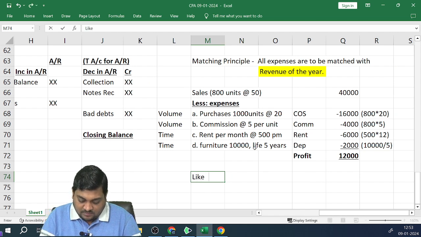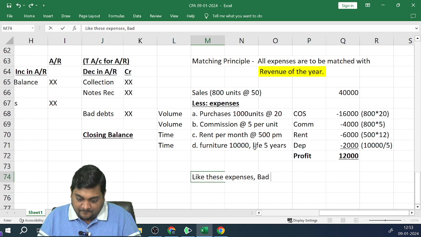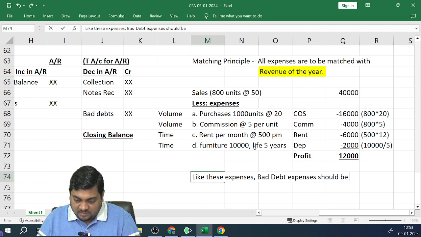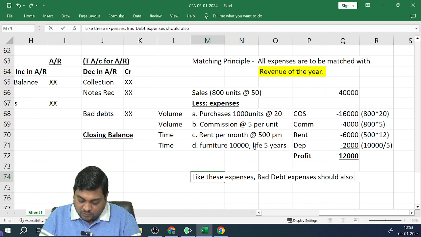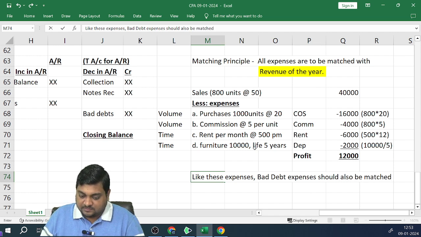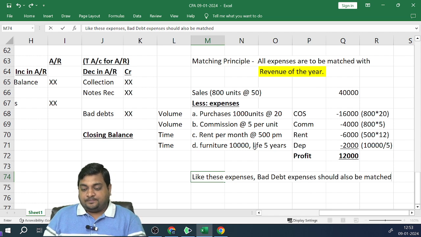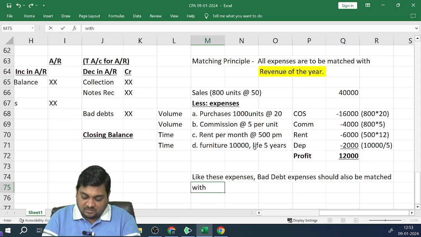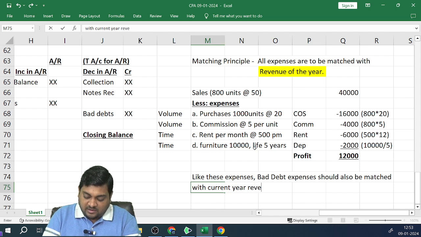These bad debt expenses should also be matched with current year revenue.